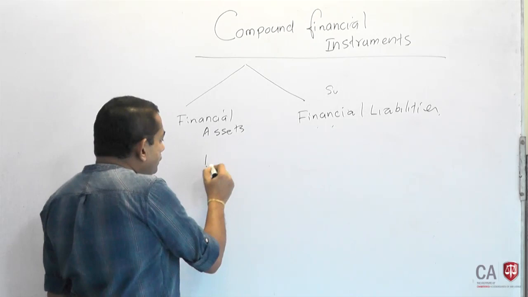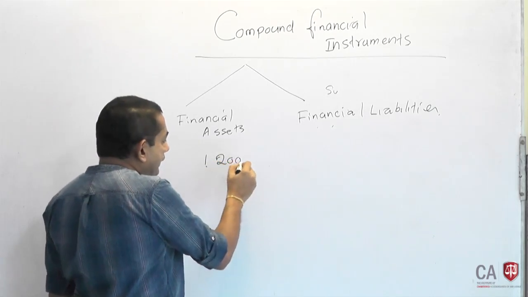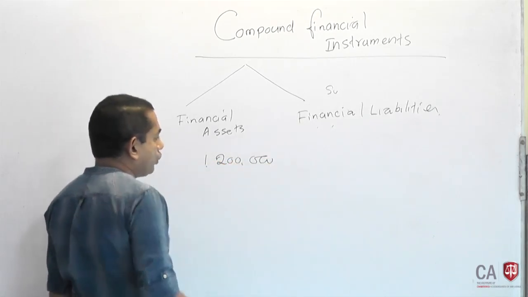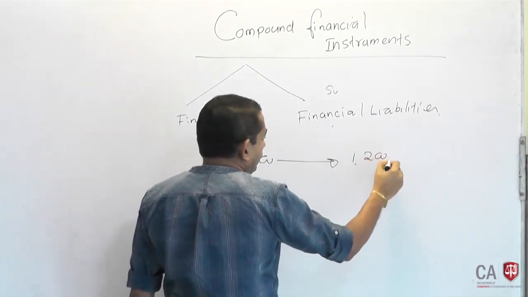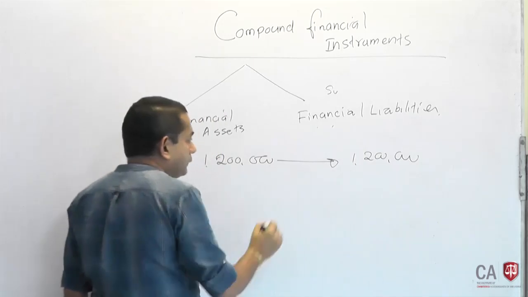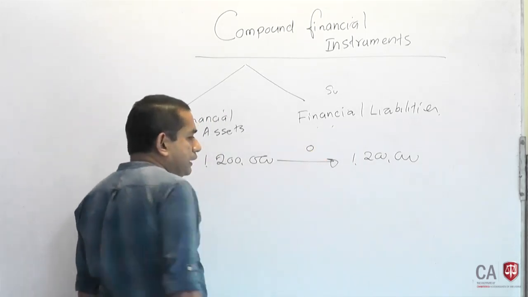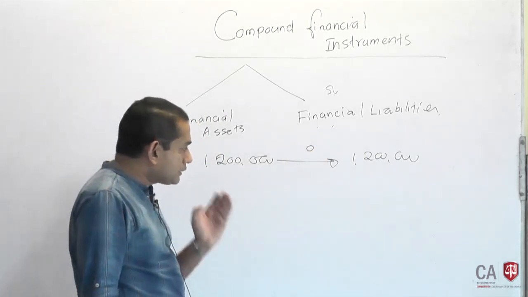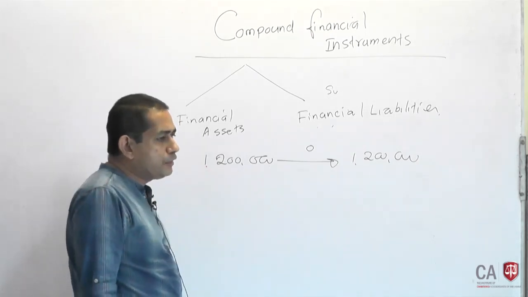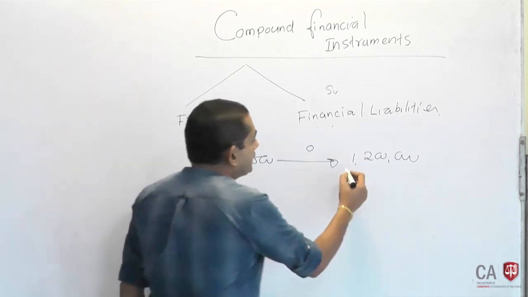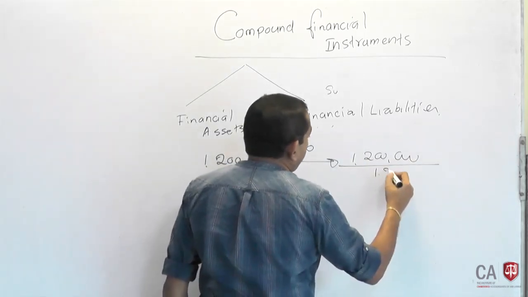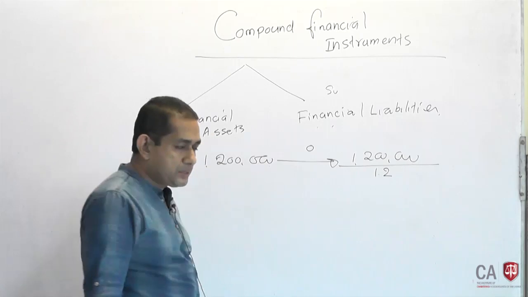If you have taken a 1.2 million loan, and if you are supposed to pay 1.2 million rupees in 1 year's time, it is 0% interest. What the standard says is you need to determine the fair value. For you to determine the fair value, you need to discount future cash flows by the market interest rate.